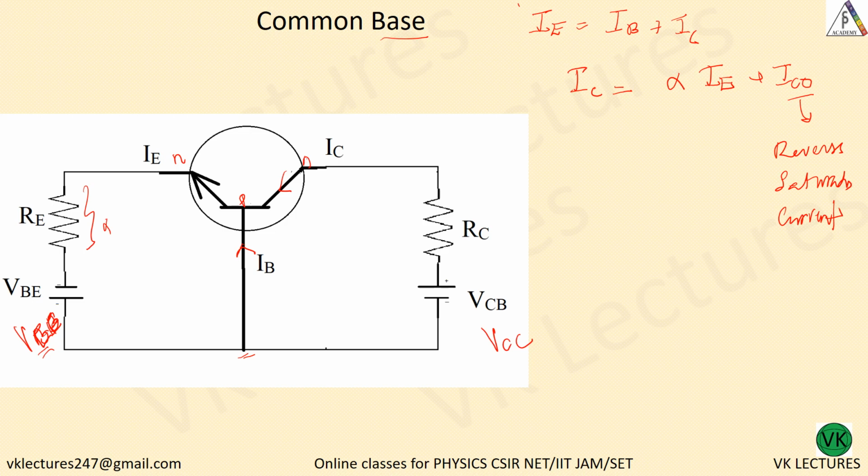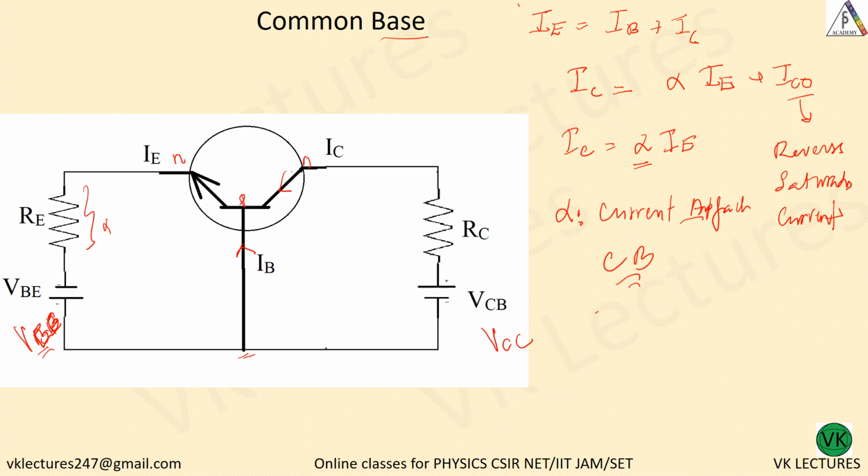So you can write IC is equal to alpha times IE, and what is this alpha? Alpha is nothing but the current amplification factor for common base.